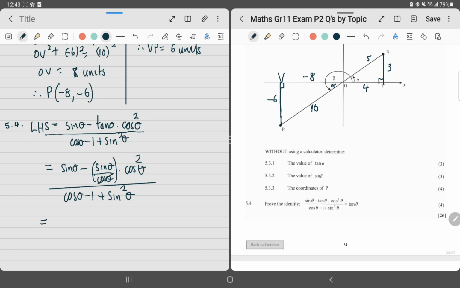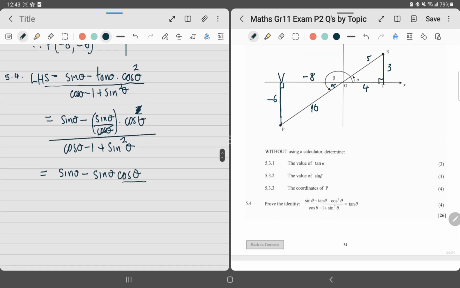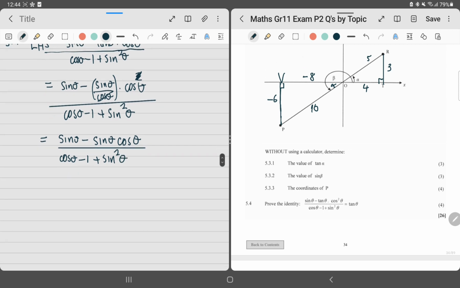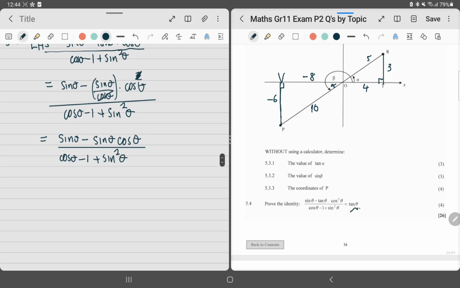So this takes care of one of those, so I'm left with only one. So this is sine theta minus sine theta cos theta all over cos theta minus 1 plus sine squared theta. In order for me to get that tan there, I know that in the numerator I must have a sine, and then in the denominator I must have a cos.